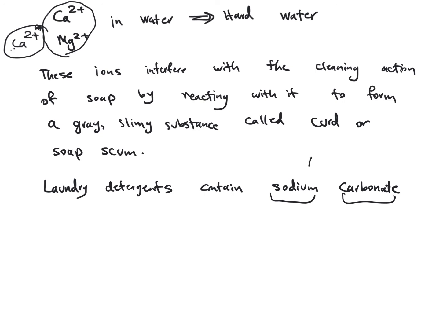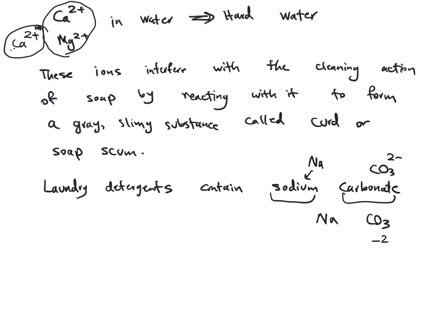So it would be Na for sodium, and carbonate is CO3 2-. If you want to write the ionic compound, the carbonate has a -2 charge.